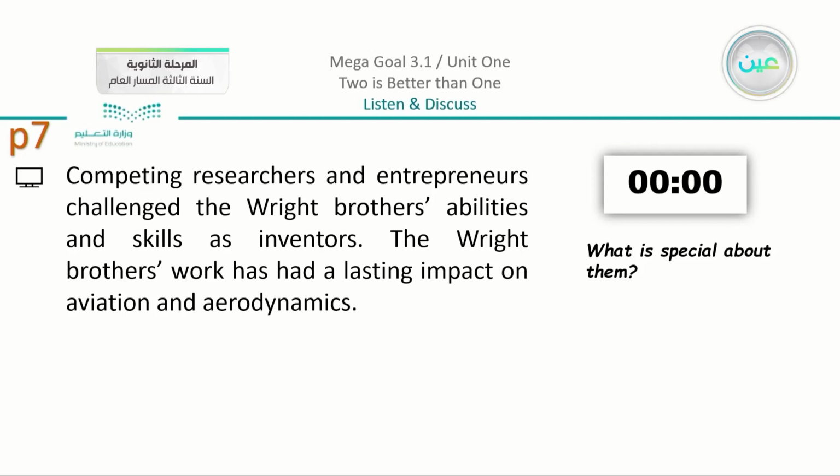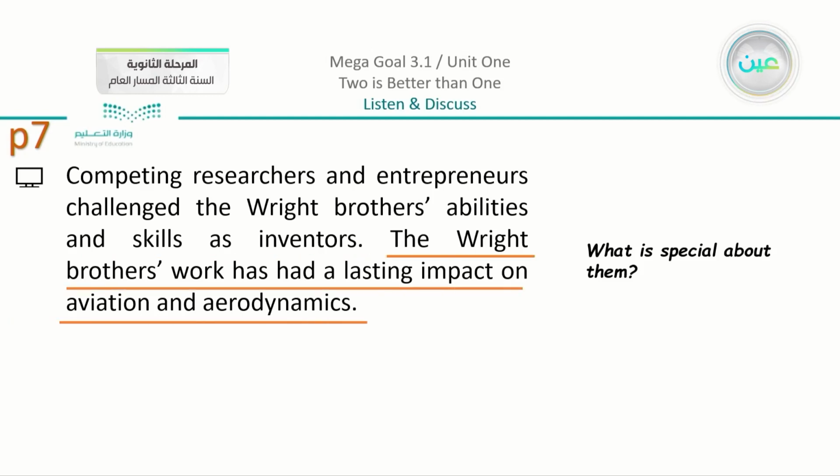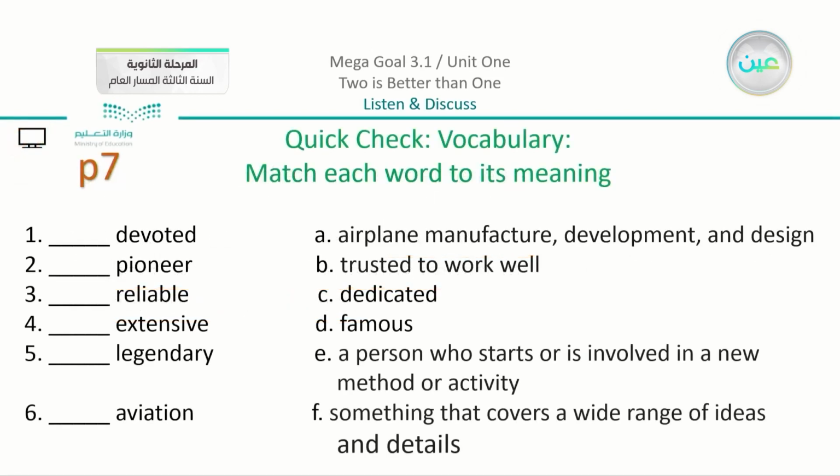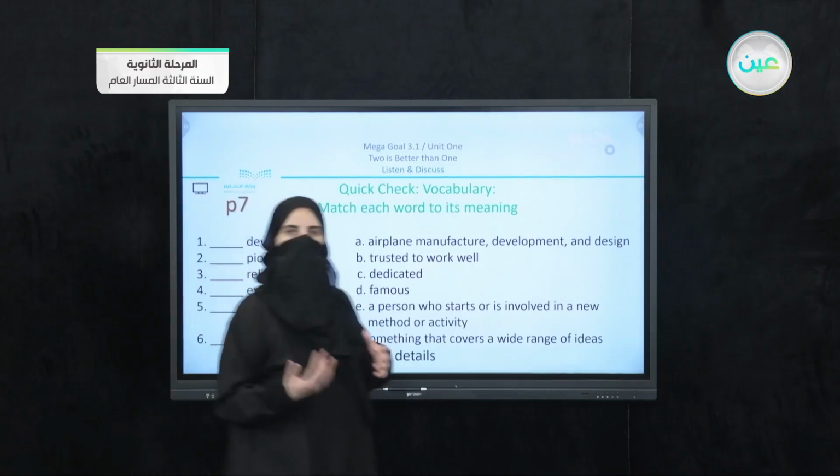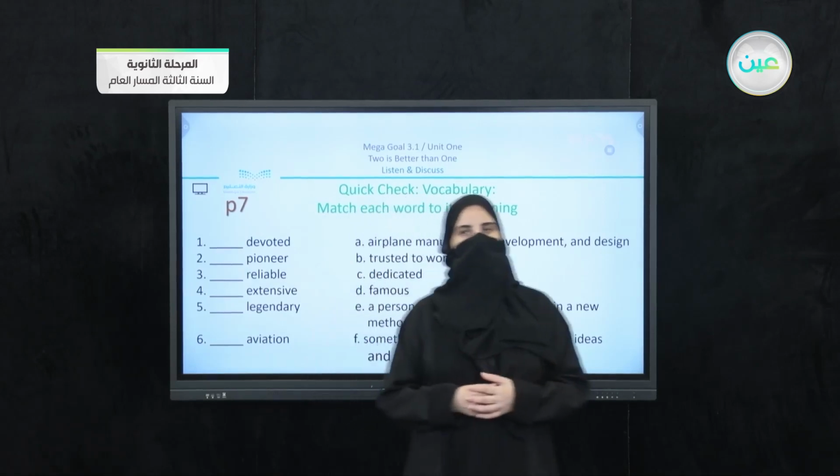Did you find it? We have here, the Wright brothers' work has had a lasting impact on aviation and aerodynamics. So these are basic facts that we learned about the two groups or the two teams here.